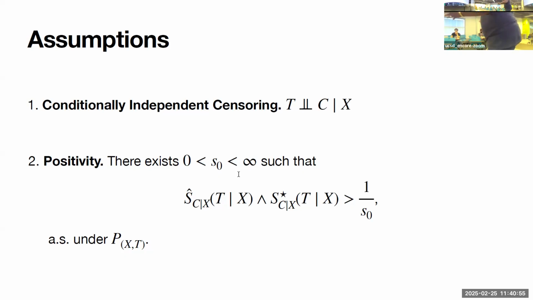You'll never be able to predict failure time because they live forever. I'm making a joke here, but this is a very natural requirement. If you don't have observed labels for people with particular covariate features, you will never be able to predict that label. Okay, so this is a positivity assumption, or sometimes it's called overlap assumption.